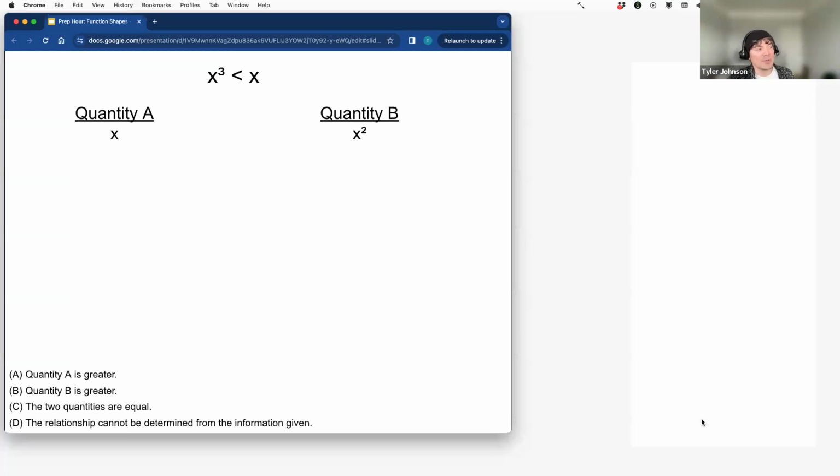So one way to approach something like this would be to pick some values for x and take a number picking approach.